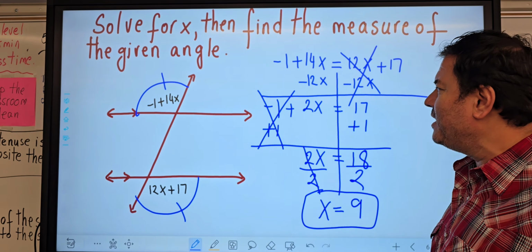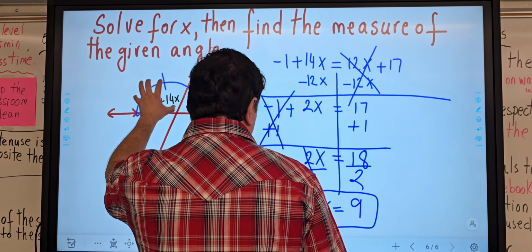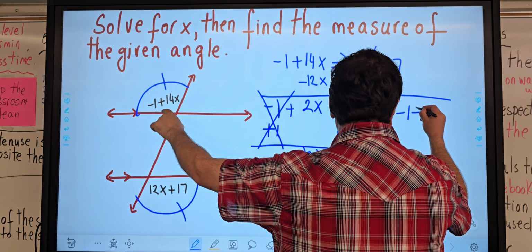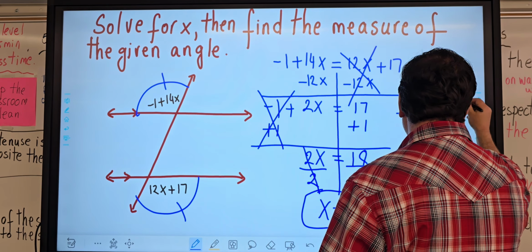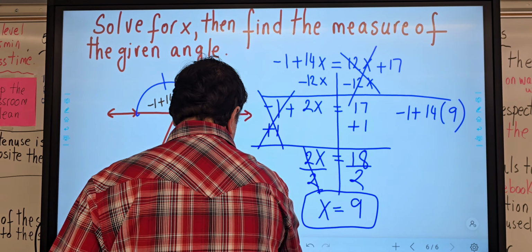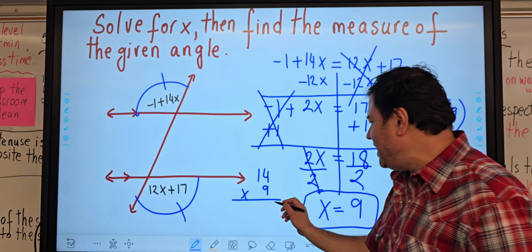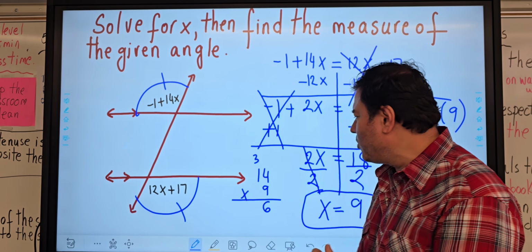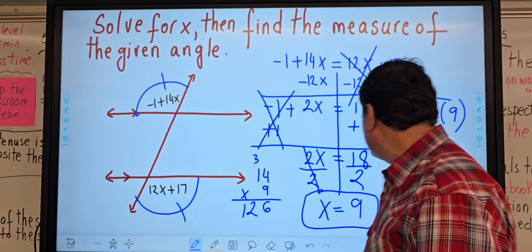So x equals 9. So instead of x, we are going to put 9, and let's find the value of that angle. So we have negative 1 plus 14 times 9. And let's multiply 14 times 9. 9 times 4, 36. 6, carry the 3. 9 times 1, 9, plus 3, 12. 126.